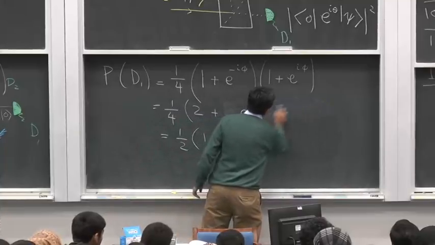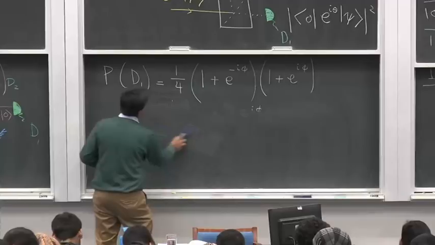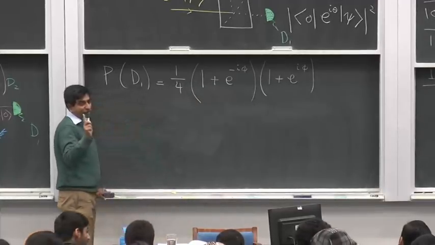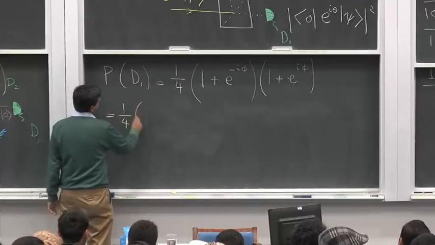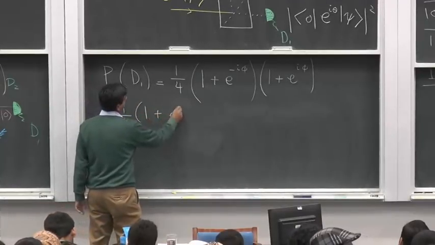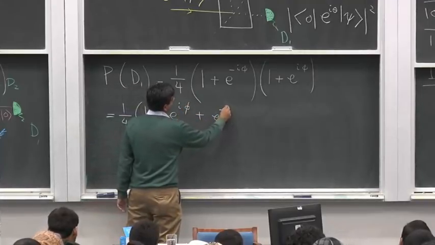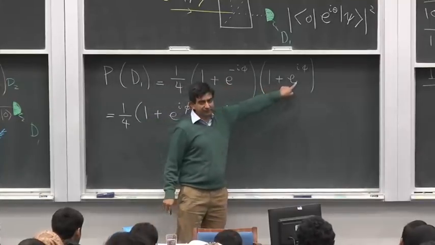Let me do the complete calculation. Only once, I'm going to do it only once. So what's the product of multiplying this with this? 1.